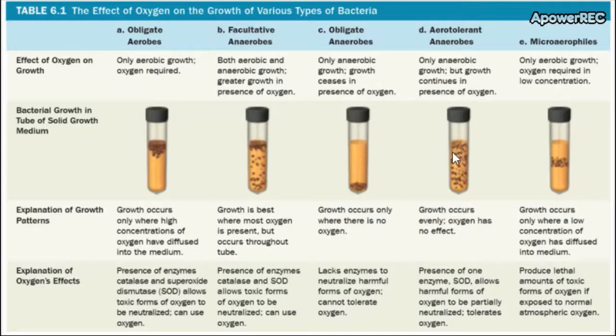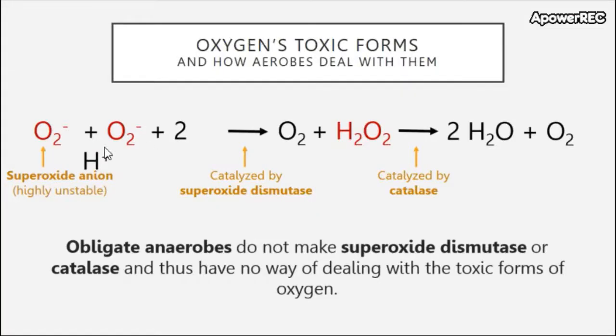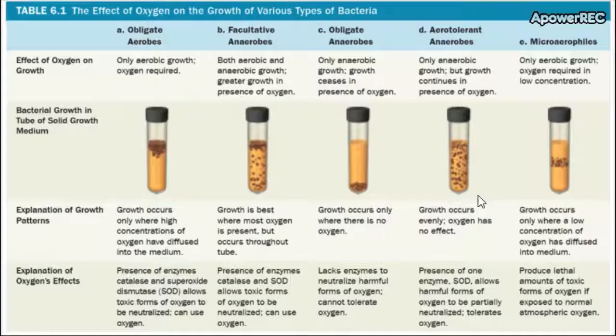So there you see them kind of evenly spread throughout the culture. So they do have the presence of one enzyme, that's the superoxide dismutase, so they can get rid of that horrible, if we go back, that horrible superoxide anion. But because they lack catalase, they can have a buildup of hydrogen peroxide.